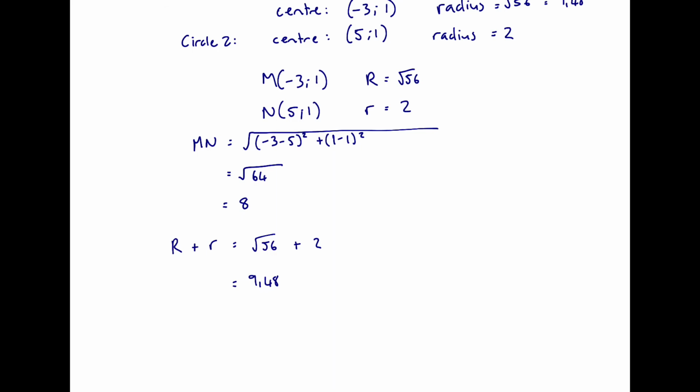That means MN is less than R plus r, and because MN is less than R plus r, the two circles intersect in two distinct places.